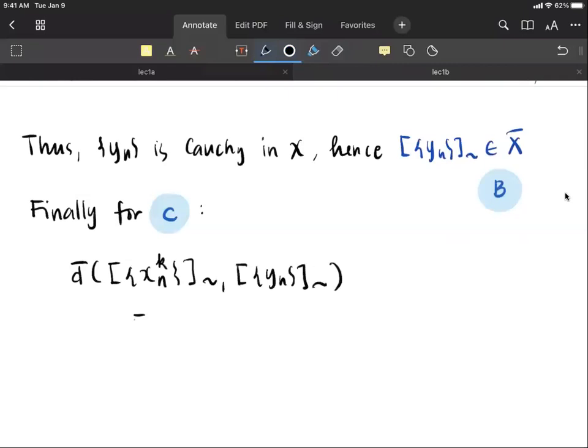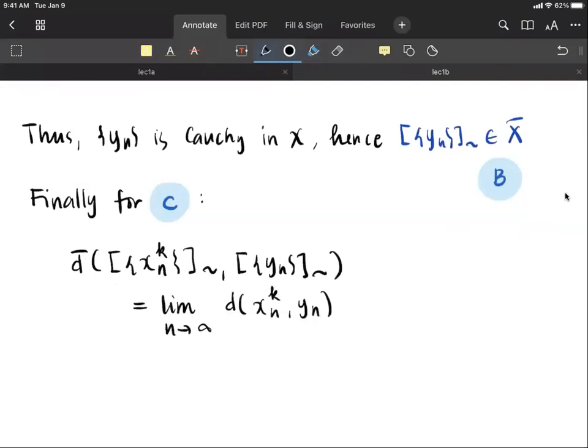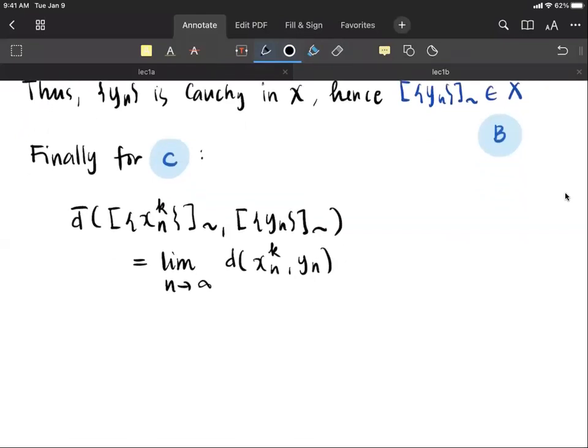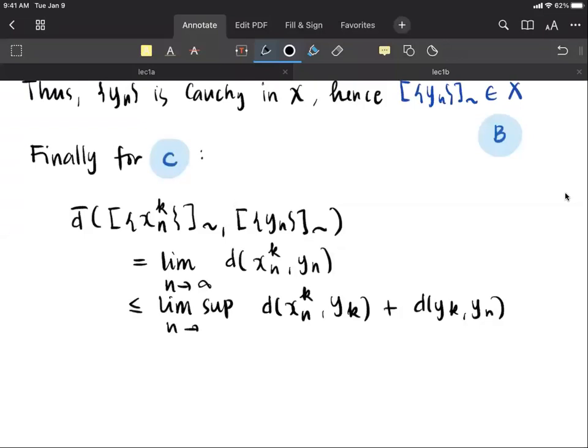By definition of D bar, this is the limit as n goes to infinity of d(x_k, y_n). We introduce 2 points here. So by the triangle inequality, d(x_k, y_k) plus d(y_k, y_n). And this is less than the limit. But since we are not yet guaranteed if the limit exists, let us take the limit superior in this case.